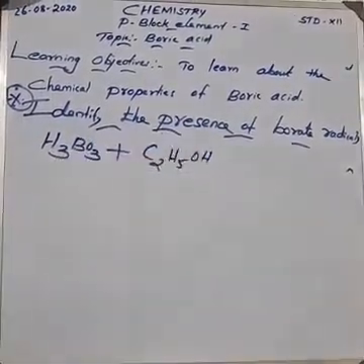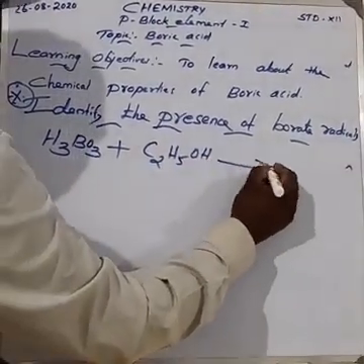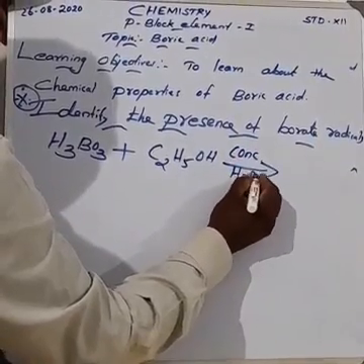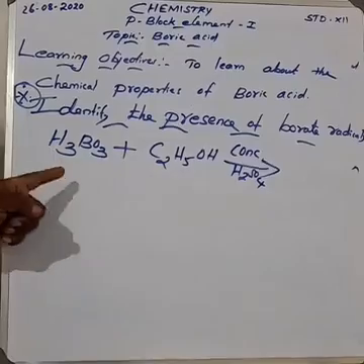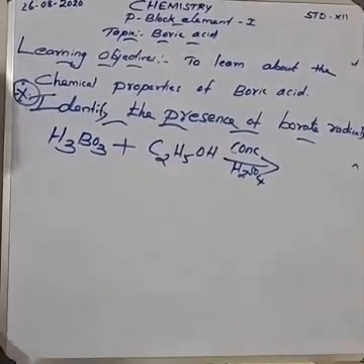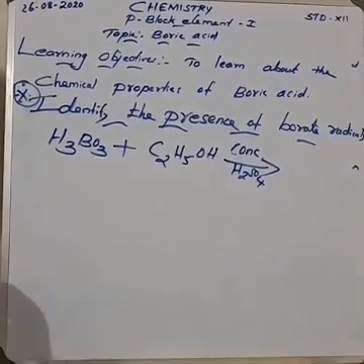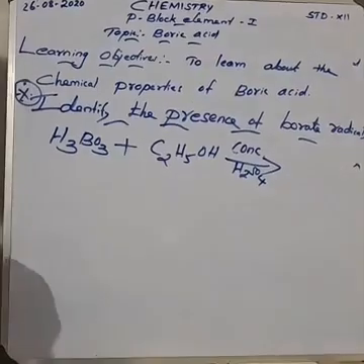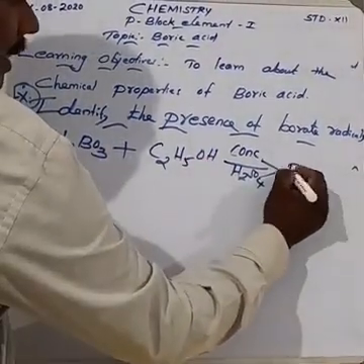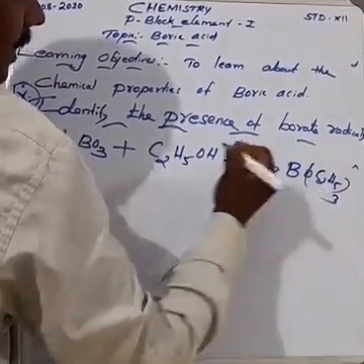Boric acid reacts with ethyl alcohol in the presence of concentrated sulfuric acid. We get an ester called trialkyl borate. What's the product? Trialkyl borate. The formula is B(OC2H5)3.